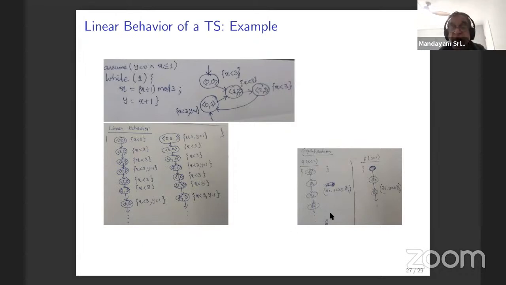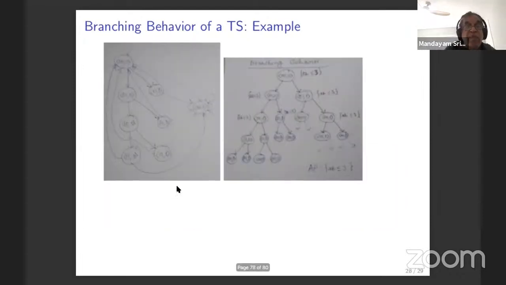Okay, and now my specification will be expressed in terms of some constraints on these traces. That's how I will express it. Okay, then branching behavior will include a tree. From each state, I'll keep track of both concurrent successor states.